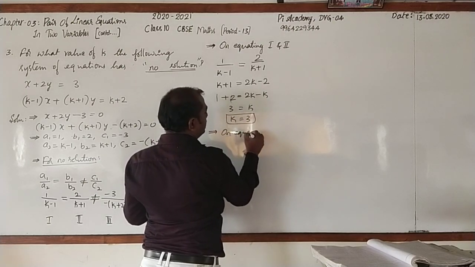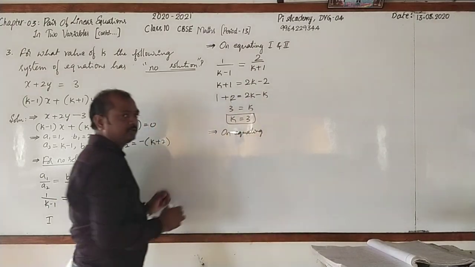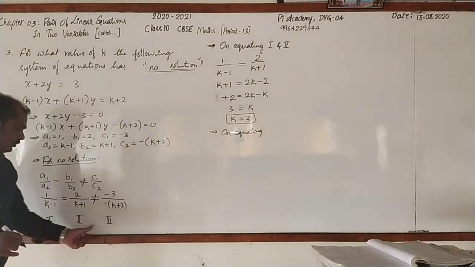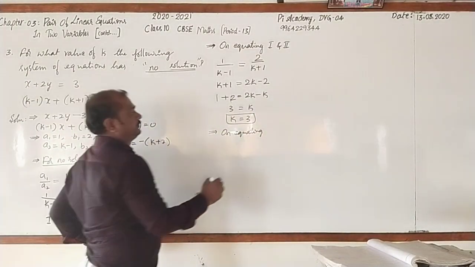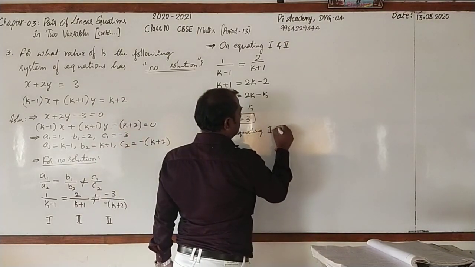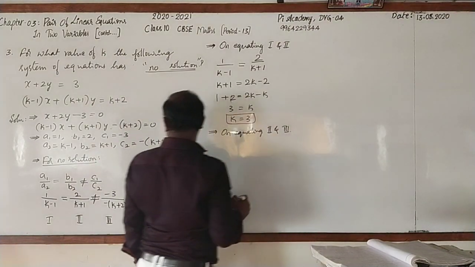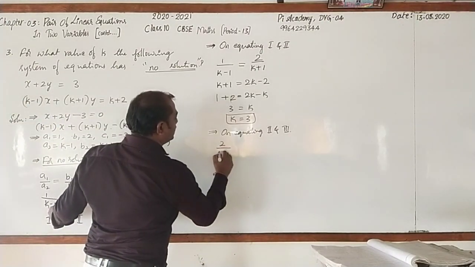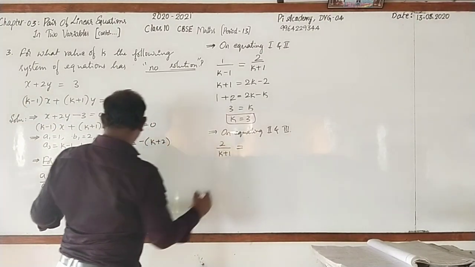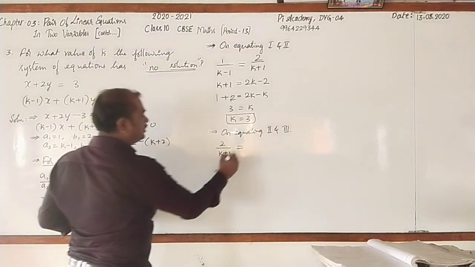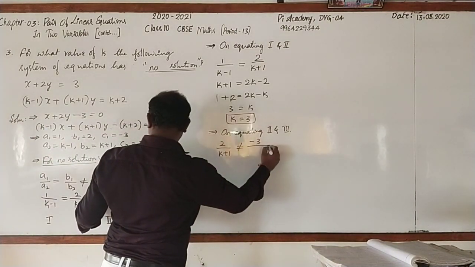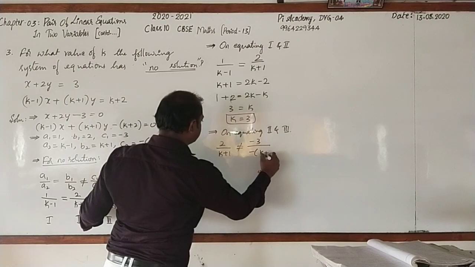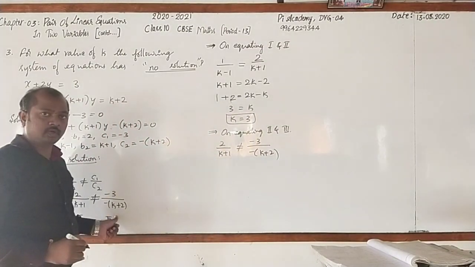Next. Similarly, on equating, please write with me. This time we are going to take second and third. Second one is 2 by k plus 1 is not equal to minus 3 by minus of (k plus 2). Got it?